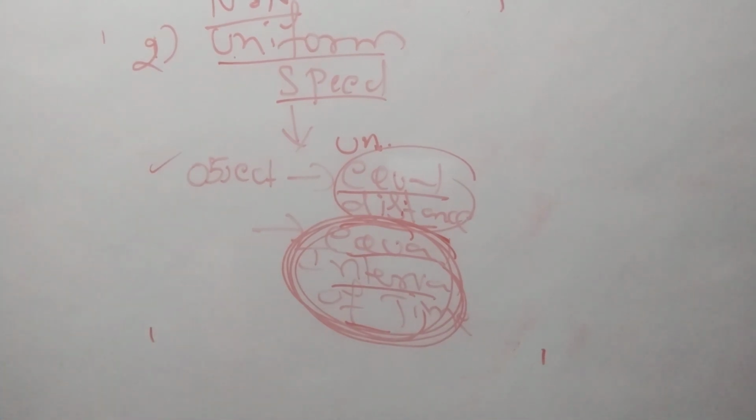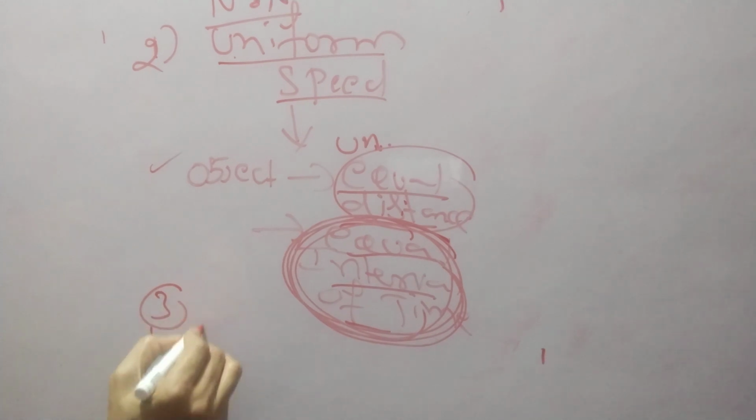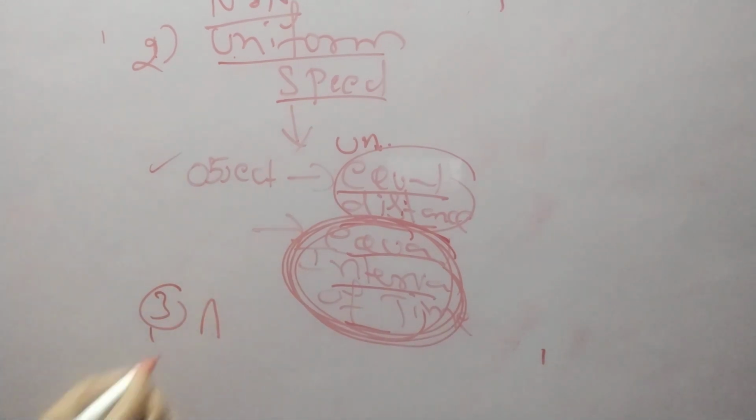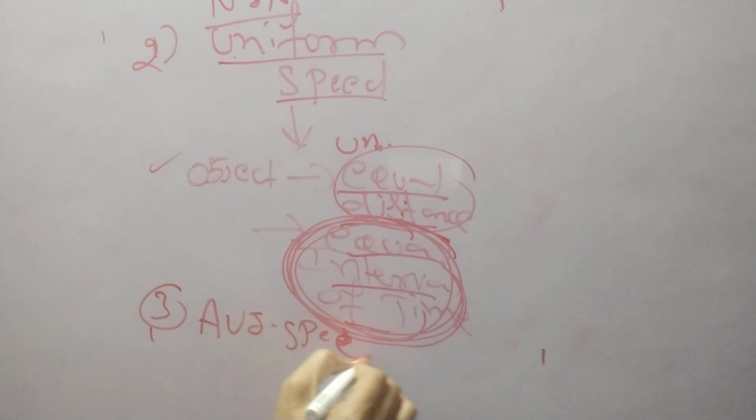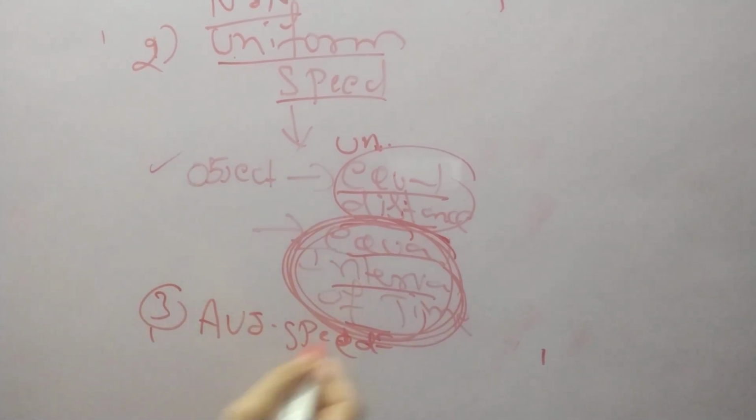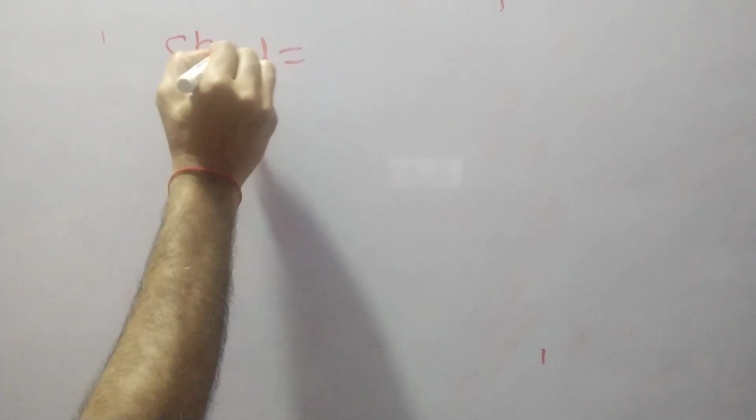And what is the third one? Third one is average speed. What is average speed? The definition is very small. What is speed? Speed is distance by time. You know that the basic definition of speed is distance by time.